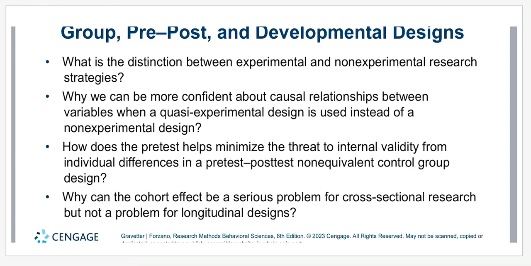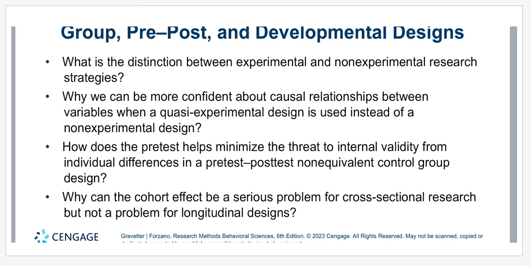And then lastly, why can the cohort effect be a serious problem for cross-sectional research, but not for longitudinal designs? Remember, the cross-sectional design is that snapshot, which is great for simplicity and time.